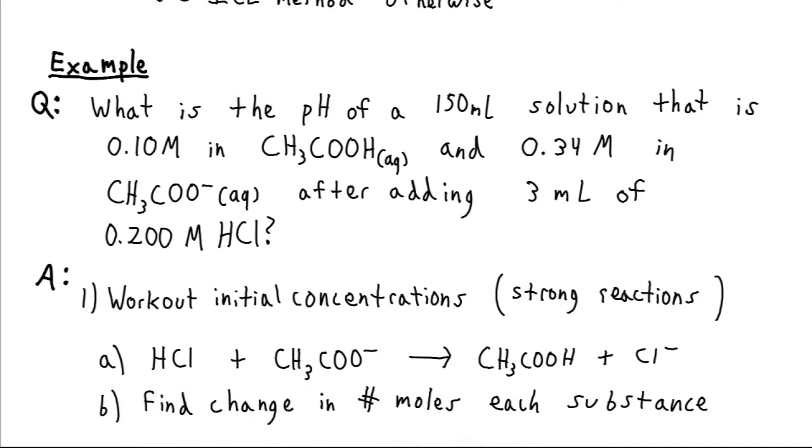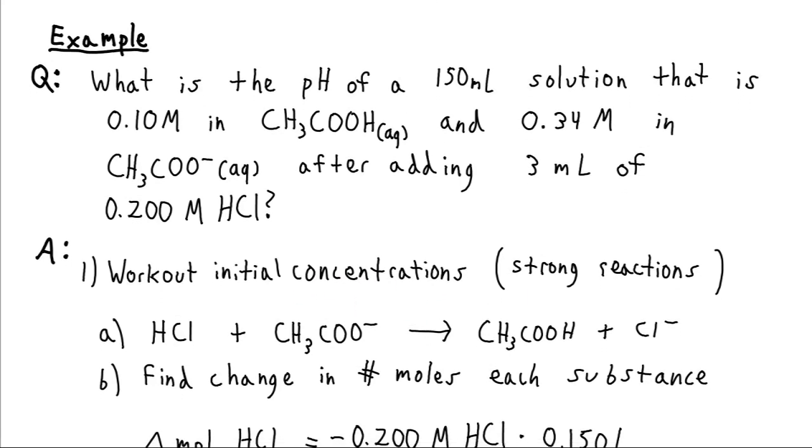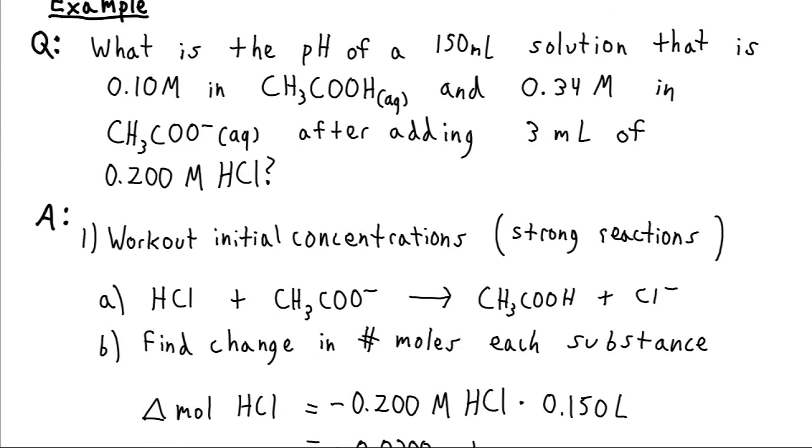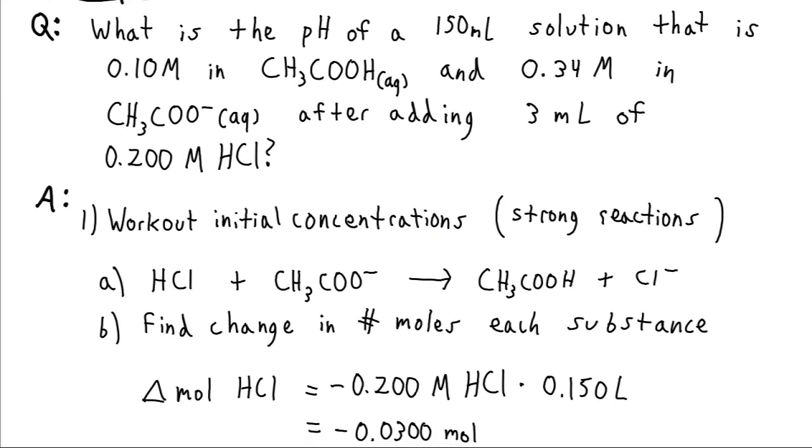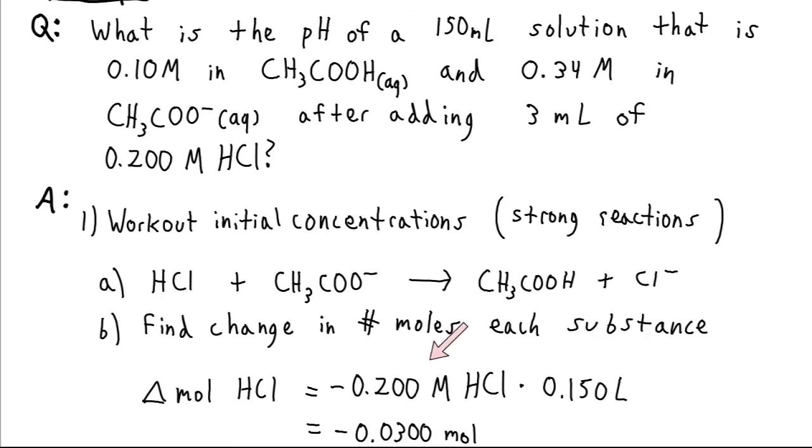So we want to figure out how this reaction changes the number of moles of each of these substances that we have in our solution. Well, since this is a strong reaction, we know that all of this HCl is going to react here. So I'll go ahead and figure out how many moles of HCl we have, and that's going to be also the change in HCl. We're going to lose that quantity since it all reacts.